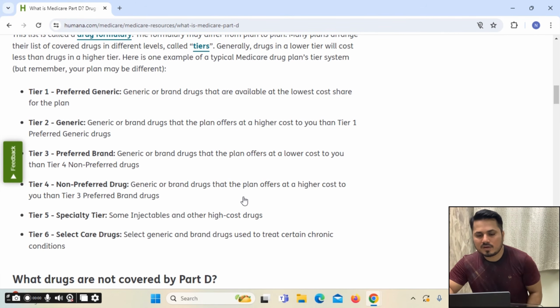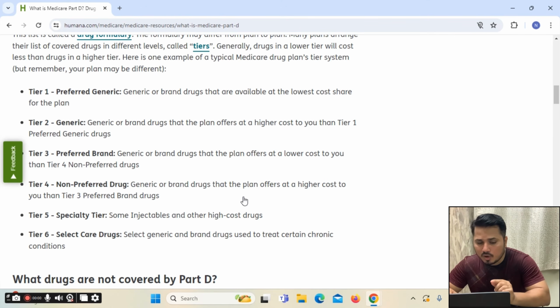Tier 1, preferred generic or brand drugs that are available at the lowest cost share for the plan. Tier 2, generic or brand drugs that the plan offers at a higher cost to you. Tier 3, preferred brand, generic or brand drugs that the plan offers at a lower cost to you than Tier 4 non-preferred drugs.